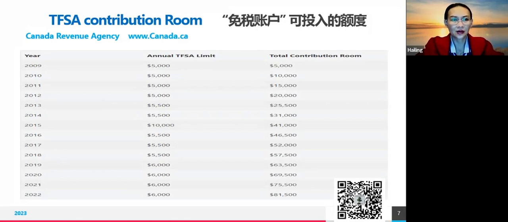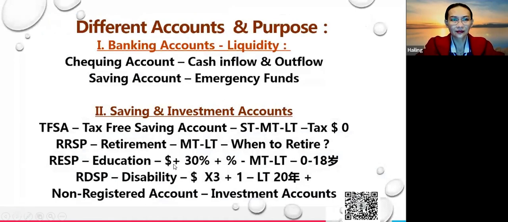And if you never heard of that before, and now it's the first time, from 2009 all the way to the end of 2020, you will be able to accumulate $81,500 in contribution room. It also depends on when you turn 18, have a valid social insurance number, and are a resident of Canada; from that year, you can start to have the room. If you never use it, all the room will accumulate.